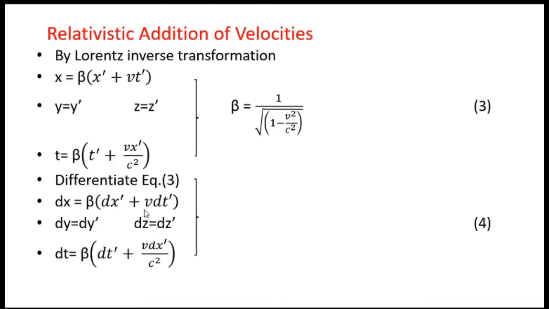And remember that this v is the constant speed with which the frame of reference S dash moves with respect to the frame S along the positive x-axis direction.